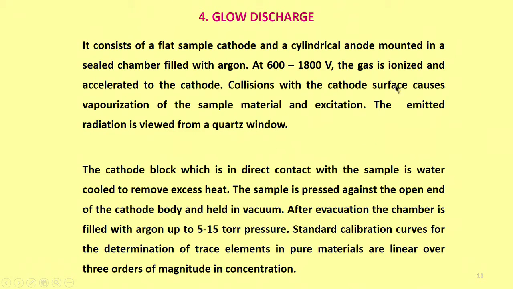Once the collision takes place, the cathode surface causes vaporization of the sample and then excitation to the next higher energy level. When it comes down to the lower energy level, emission takes place. Again, put a prism this side, put a prism that side, pass electromagnetic radiation, measure the excitation. That is how the chemical analysis is completed.